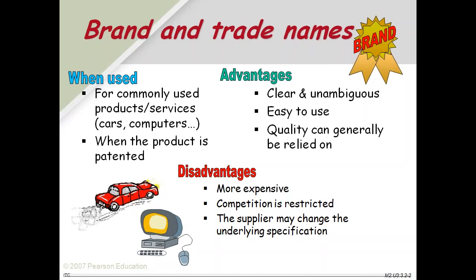When the product is patented, there's no other choice. Advantages: clarity, easy to use, quality can generally be relied on. Disadvantages: more expensive, competition is restricted, the supplier may change the underlying specification.